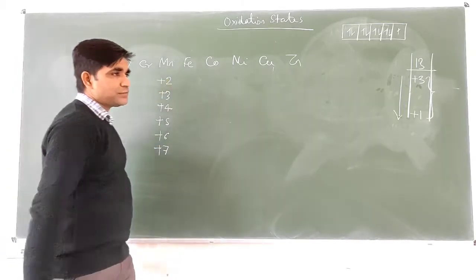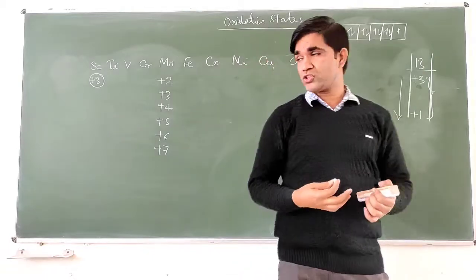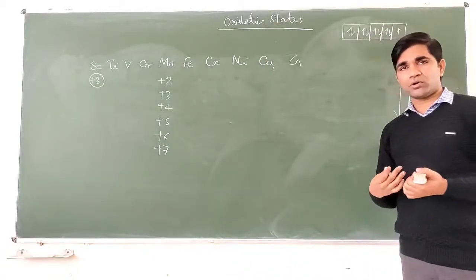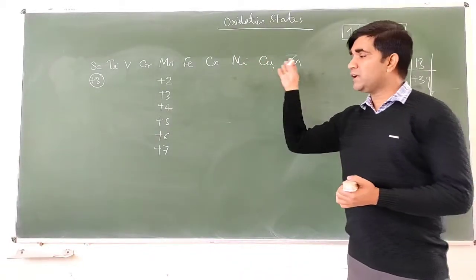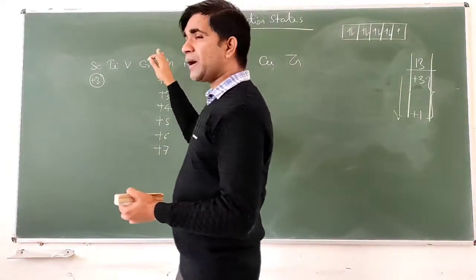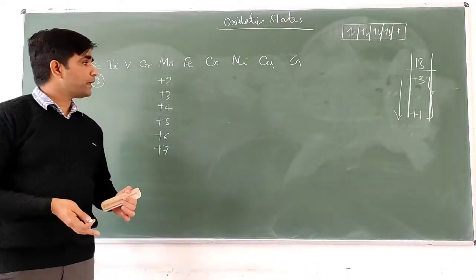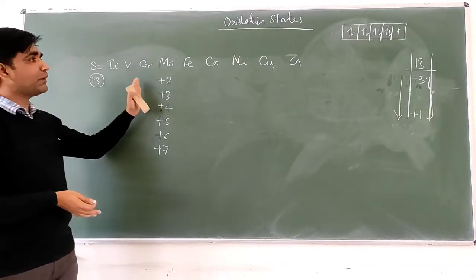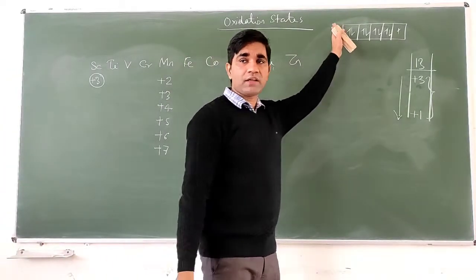This element can exhibit the maximum number of oxidation states among 3d elements, because it has the maximum number of unpaired electrons. Unpaired electrons increase till the middle of the series, as we have discussed earlier.